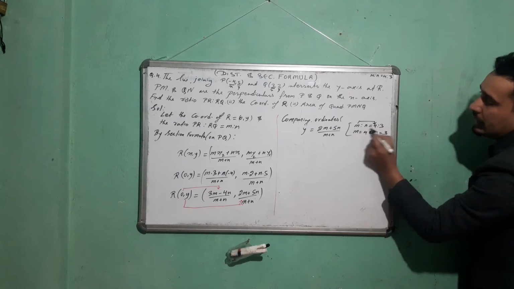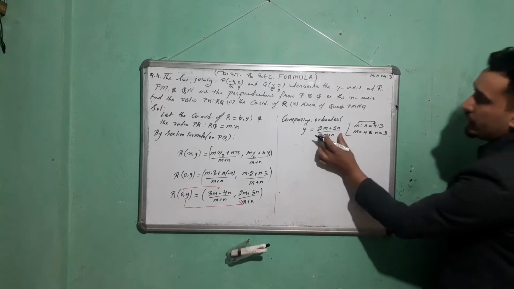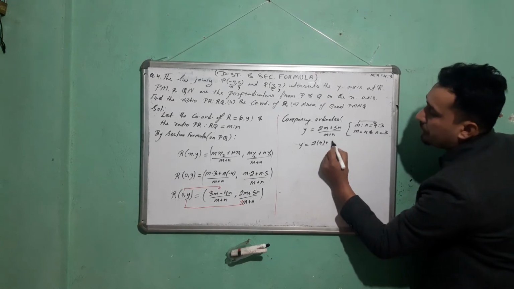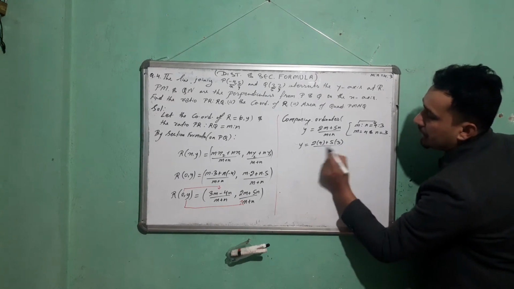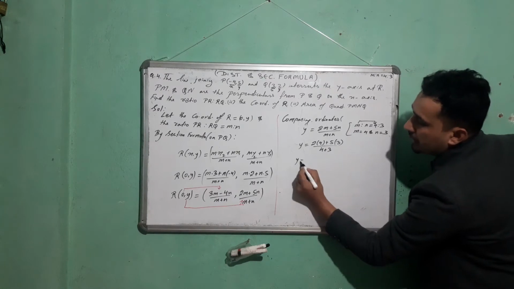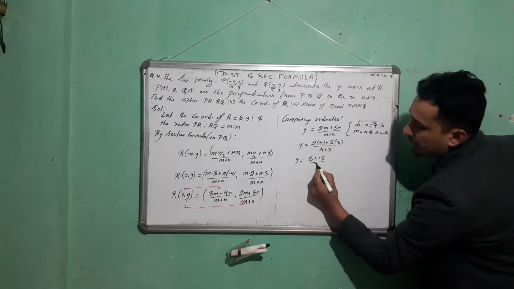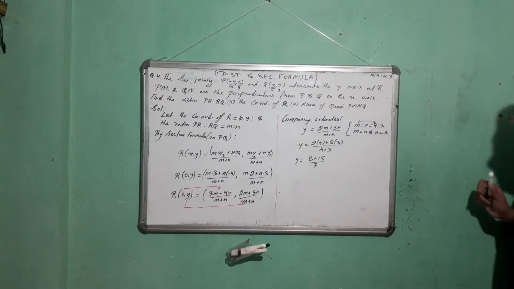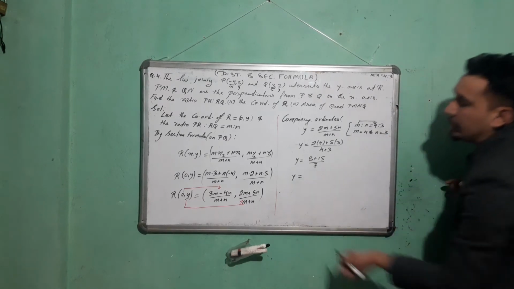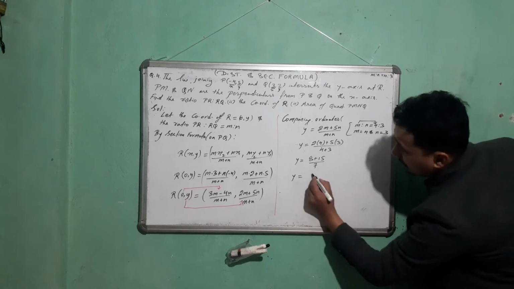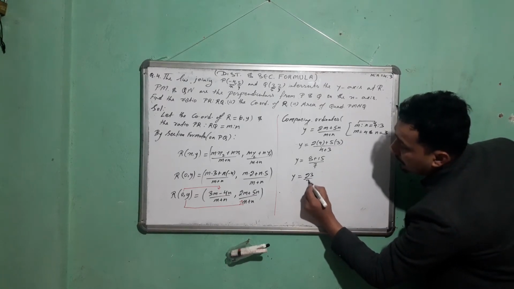M is 4 and n is 3. So put this value out here. So y is equals to 2 into 4 plus 5 into 3 divided by 4 plus 3. So y is equals to 2 4s are 8 plus 5 3s are 15 divided by 4 plus 3 is 7. Y is equals to 8 plus 15 will be how much? 23 divided by 7.